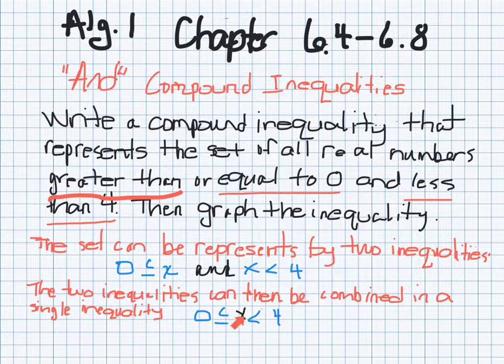The two inequalities can then be combined in a single inequality, where you would say 0 is less than or equal to x, which is also less than 4. That's how you put them together, but you can have the word "and" there.